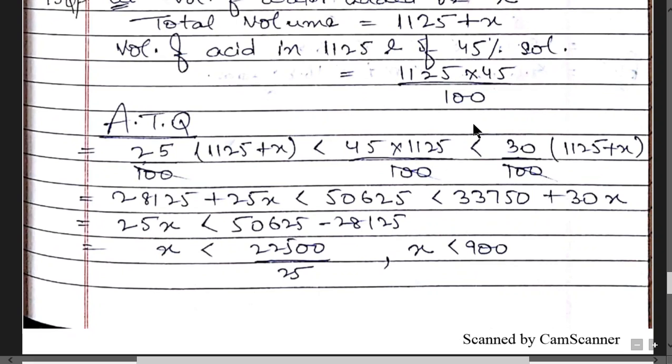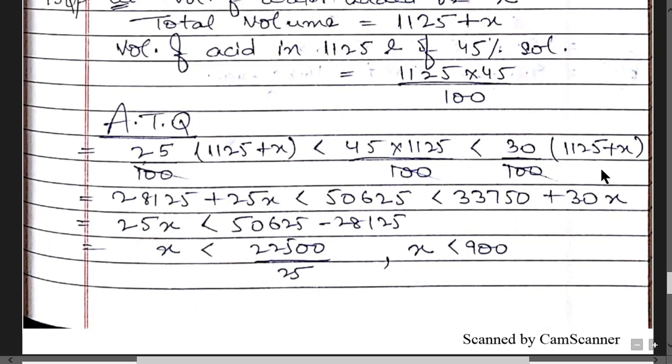It is a central value because the content lies in between 25 to 30%. It means on the left hand side 25 over 100 into 1125 plus x, and on the extreme right you can write 30%.